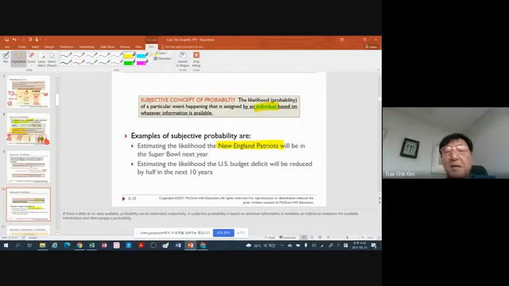It depends on the individual, based on your experience and your understanding. Everybody has different information, a different understanding of information, different wishes, and so on. That is subjective probability.